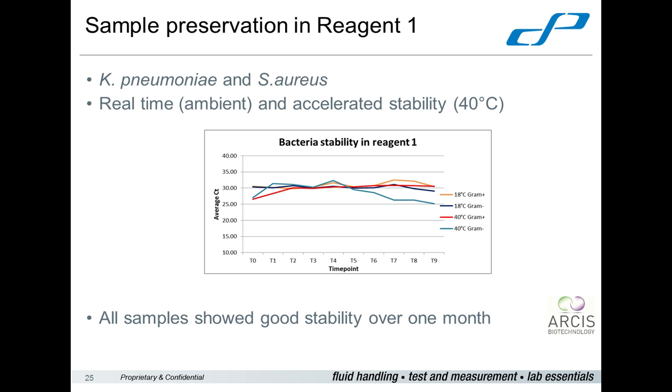Over time, we're seeing an increase in lysis efficiency sometimes from day 1 compared to day 28. For the most durable organisms, everything is lysed within a few minutes. And this is experimental data. Remember, there are error bars on all of these time points. But the take-home message is you can store your microbiological samples in reagent 1, and they will be stabilized.